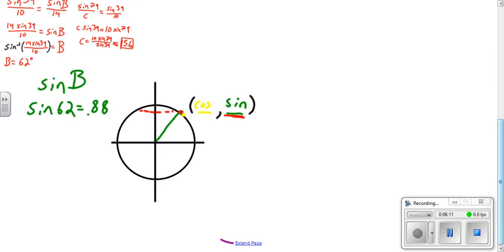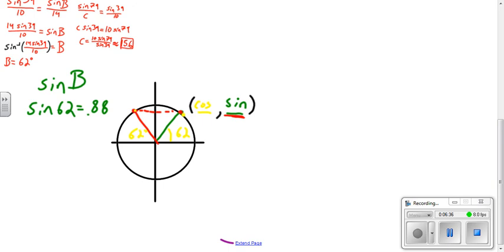Well, we would just come right over here, and this exact point is where it would be the same. Now notice the symmetry there. Whereas here we have 62 degrees, we should also have 62 degrees right here. And that would ensure that this point has the same sine as 62.